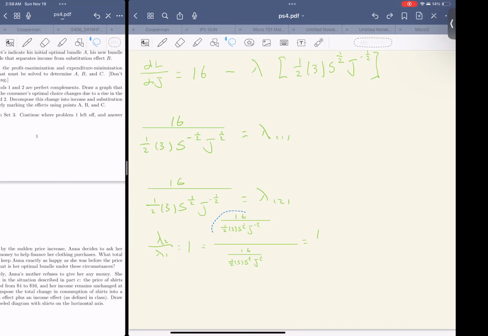Just copy and paste. Equals this multiplied by the flip of that.